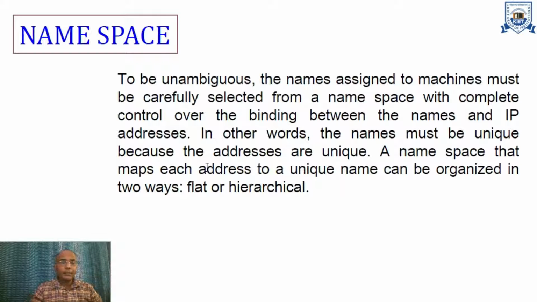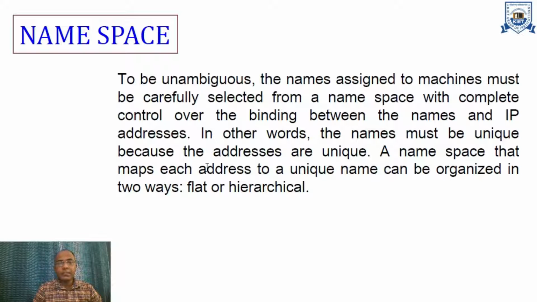So what is a namespace? What do you mean by a namespace? To be unambiguous, the names assigned to the machines must be carefully selected from the namespace, with complete control over the binding between the names and the IP addresses. In other words, the name must be unique because the addresses are unique.